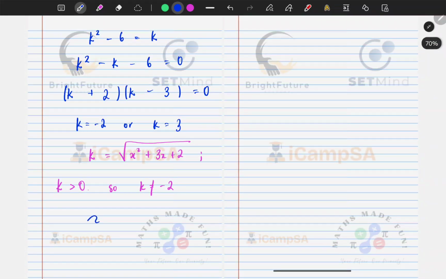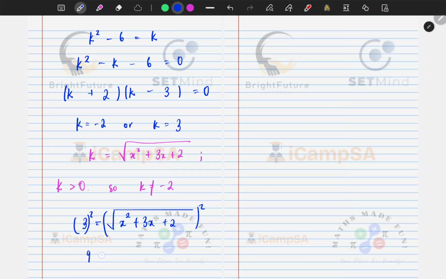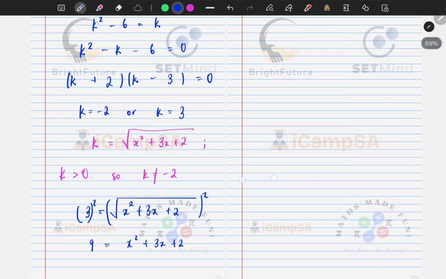So now we are going to have 3 equals the square root of x squared plus 3x plus 2. Then I'm going to square both sides, and I'm going to have 9 equals x squared plus 3x plus 2.